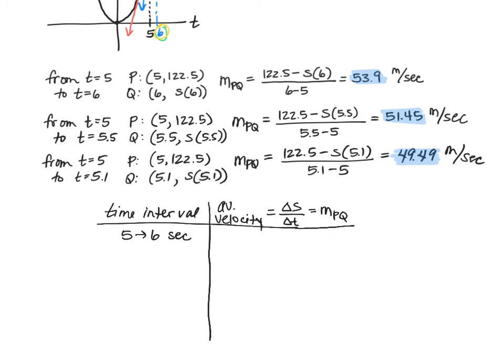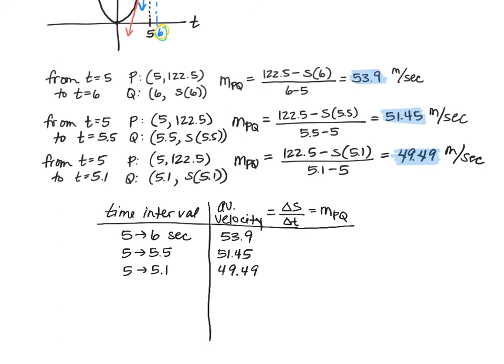So I'm really trying to get you to make these connections between the graphical interpretation and the real world interpretation. So from 5 to 6, our average velocity was 53.9. From 5 to 5.5 seconds, it was 51.45. From 5 to 5.1 seconds, it was 49.49.